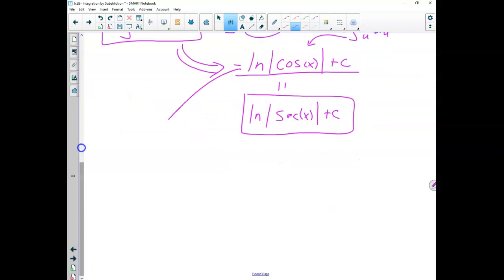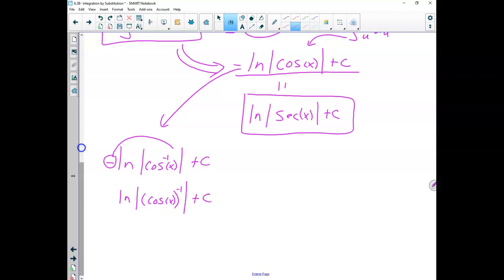Well, remember, when I'm looking at a negative ln cosine x plus c, remember your properties of logs. This actually can come up and be a negative 1 up here, an exponent on that whole thing, meaning you're looking at the ln of cosine x raised to the negative first power.